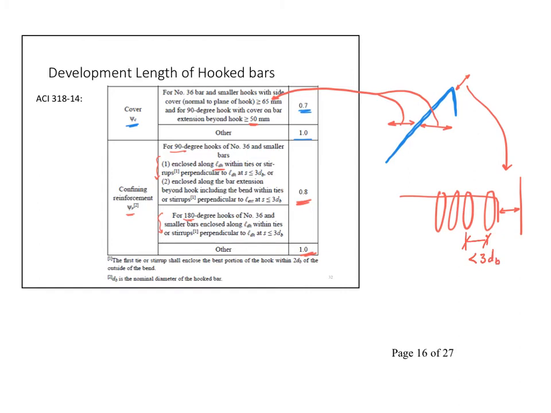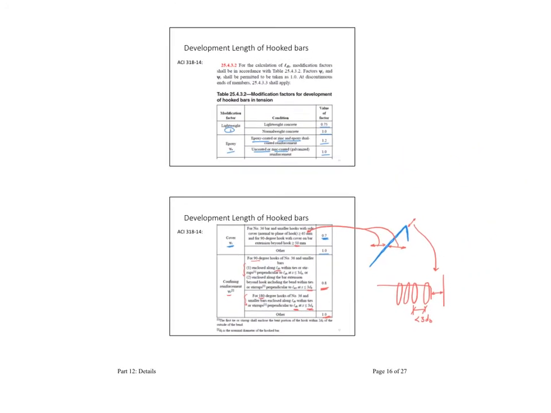And then enclosed along the bar extension beyond the hook, including the bend, within ties or stirrups, with the extension less than LDH as well. The second one says the same thing, but within LDH, I'm enclosing it within ties and stirrups perpendicular to LDH at S less than 3 dB. There will be some shapes that will show you this.